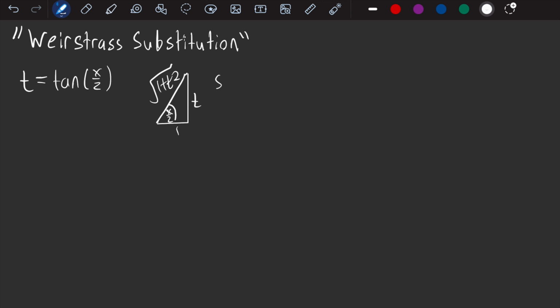And so as a result, sine of x over 2 is equal to t over the square root of 1 plus t squared, and cosine of x over 2 is equal to 1 over the square root of 1 plus t squared.